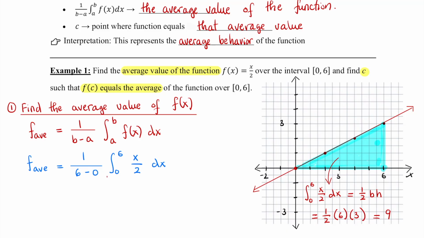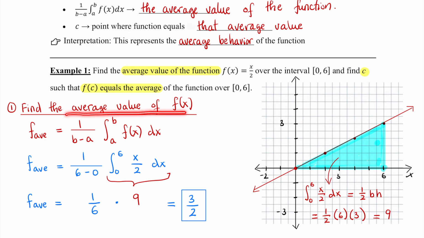So the definite integral equals 9. So the average value of the function is 1 over 6 times 9. 1 over 6 times 9 is 9 over 6, which is 3 over 2. So the average value of the function f of x over the closed interval from 0 to 6 equals 3/2.